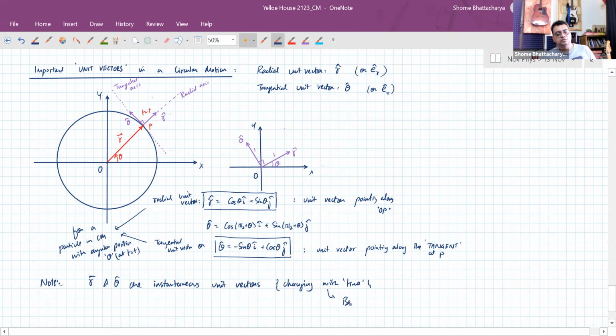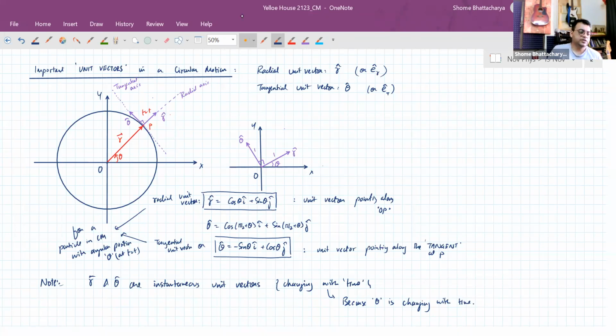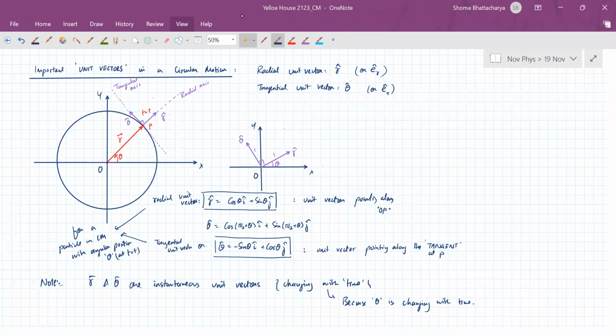That's because theta, the angular position, is changing with time. So on its own, they are just two definitions, but we will see that these definitions are important for the description of other vector quantities like velocity, acceleration, and things like that. Hence, it's important to get familiar with these two first.